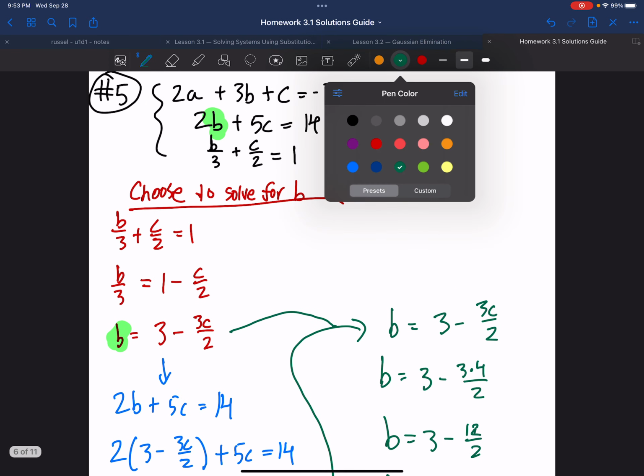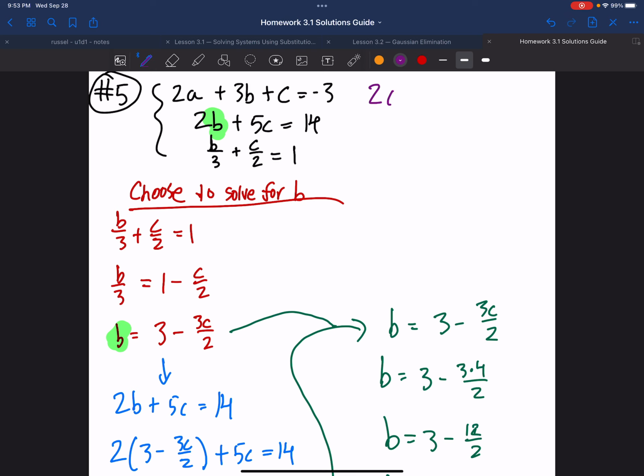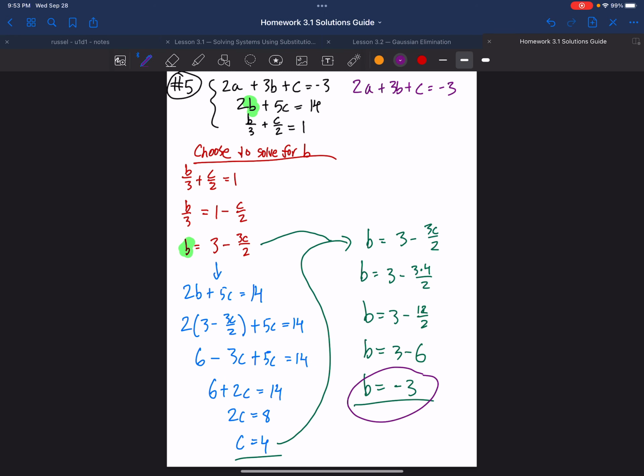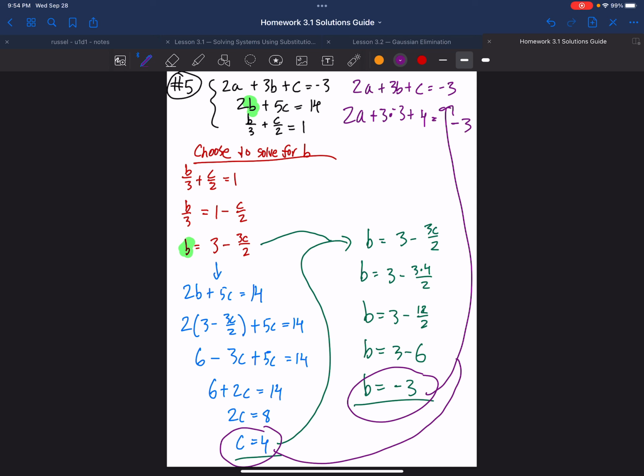So let's switch to another color. 2A plus 3B plus C equals negative 3. This we're going to use up here, and this we're going to use up there. So let's replace: 2A plus 3 times negative 3, and then plus 4 equals negative 3.